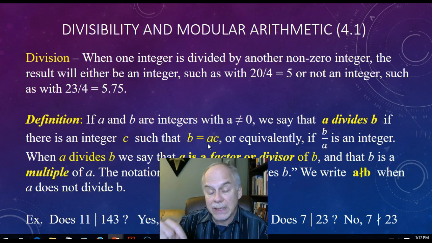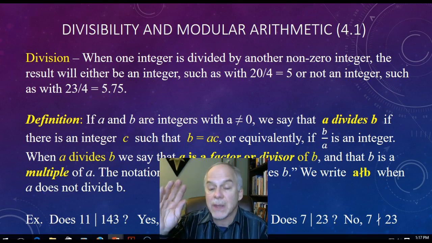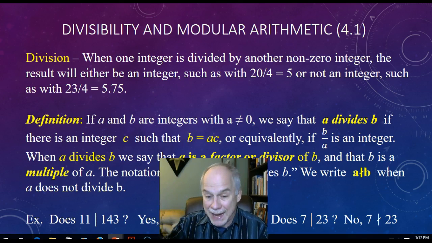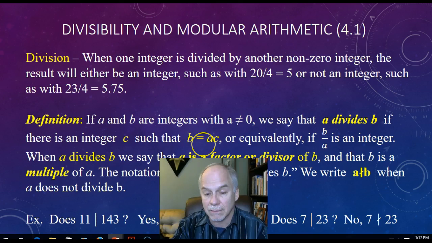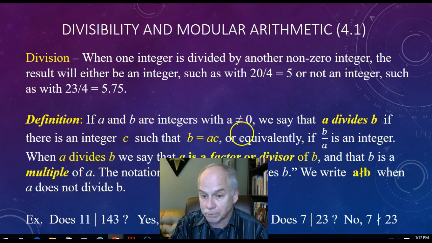So in other words, B is a multiple of A if A divides B. Another way to say that, if B divided by A is an integer. Okay?